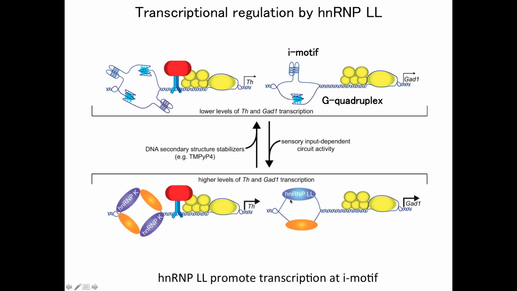This hnRNP LL can bind to the i-motif in this specific promoter region, and this can promote the transcription from this promoter site. It means that hnRNP LL promotes the transcription at the i-motif containing promoter.